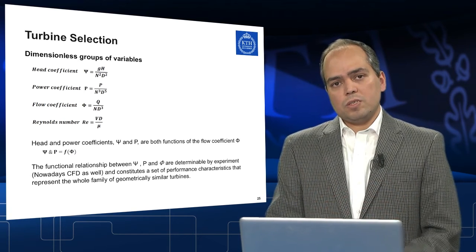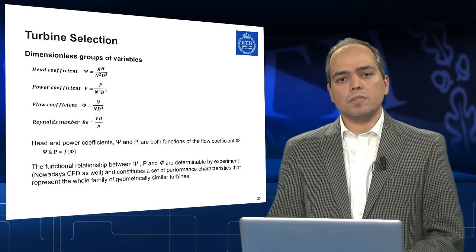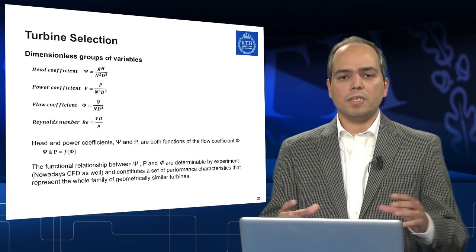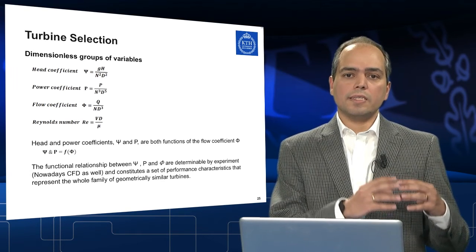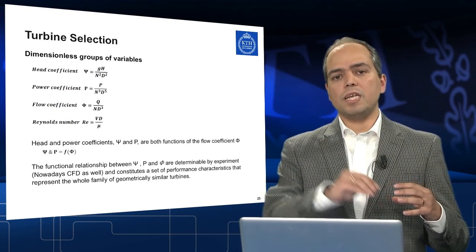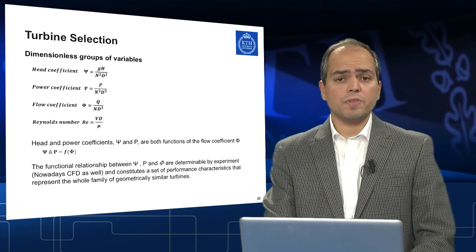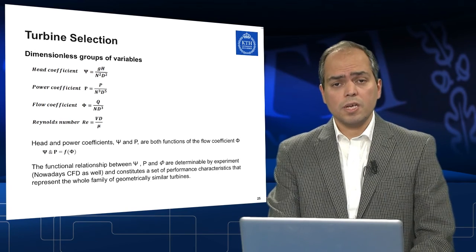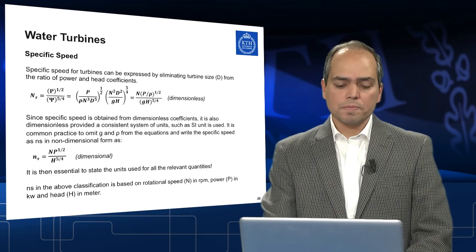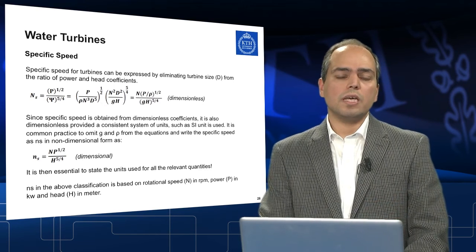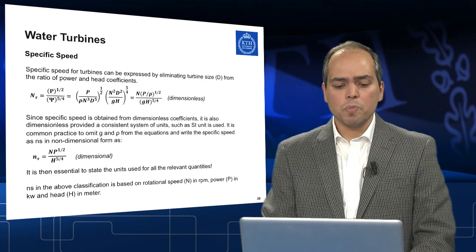This connection traditionally was calculated and modeled by hydraulic labs, making a smaller model of a turbine, running some tests, and then relating the results of the tests to the real turbine. But nowadays, CFD, or computational fluid dynamics, is dominant in order to calculate that dependency. We will take a look at CFD in our next series of lectures.